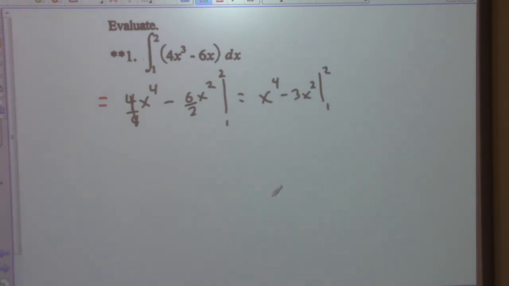And what that's going to be is this. You take 2 plugged in for x to the fourth, so I'm going to put 2 to the fourth minus 3 times 2 squared.